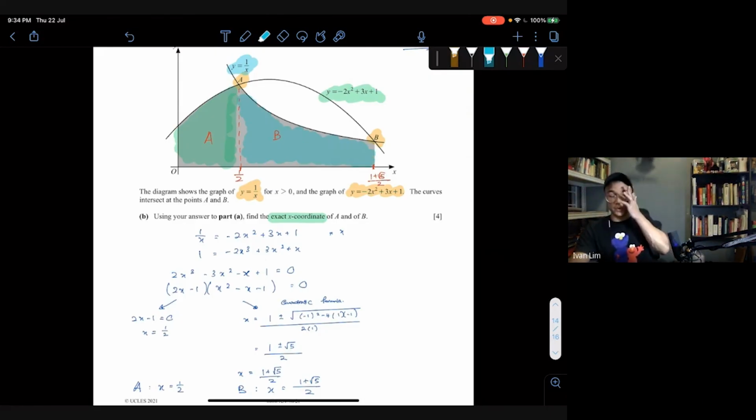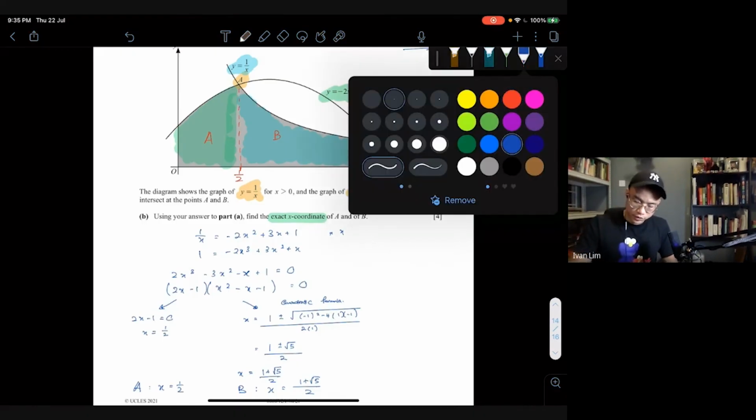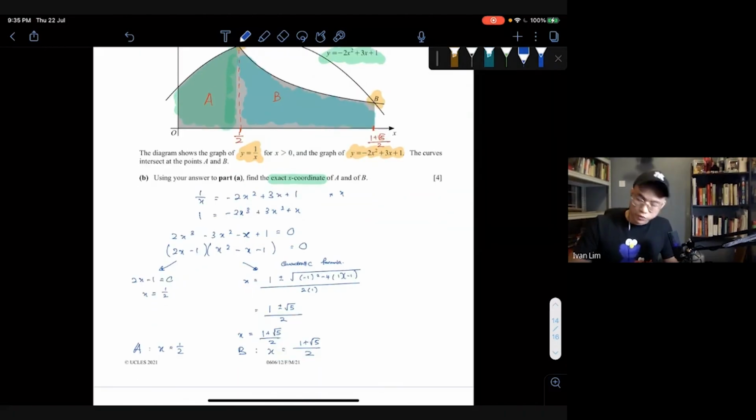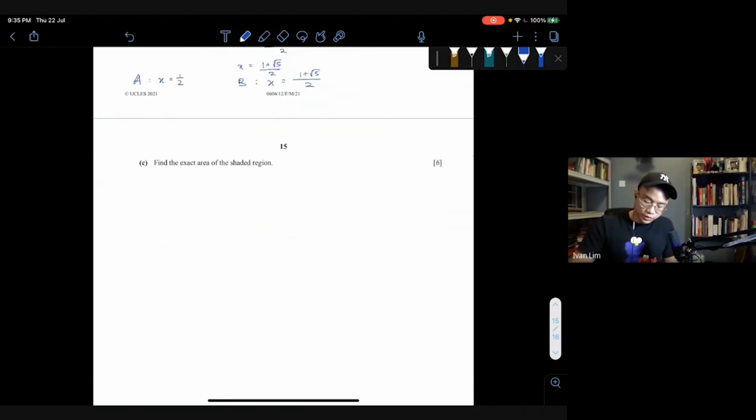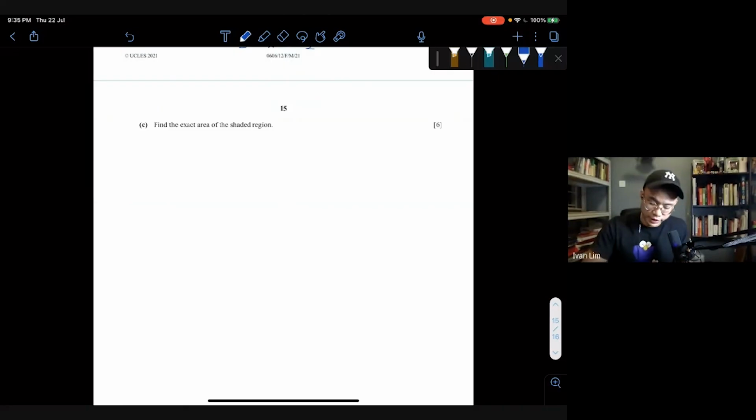So we need to find which equation is it under. Okay, so let's do this. Okay, so we break it down. So first equation, area A will be equals to, you integrate from 0 to half, the equation 2x squared plus 3x plus 1 dx, which will give you, okay, integrate it.